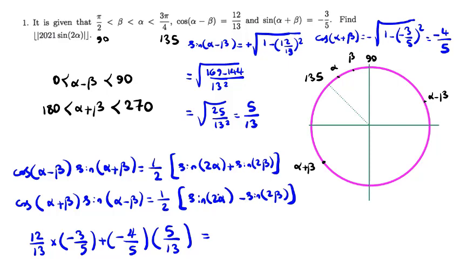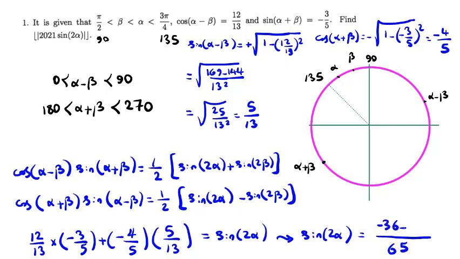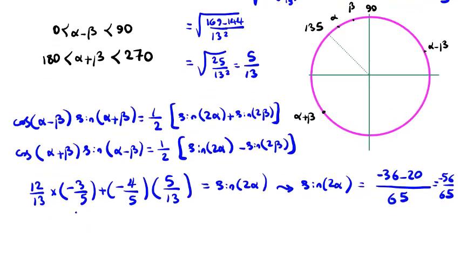Then sine 2 beta and negative sine 2 beta will be cancelled, and here we have sine 2 alpha. So sine 2 alpha equals exactly what? If we simplify, it will be 65 in the denominator, and in the numerator negative 36, negative 20, which will be negative 56 over 65. Now we should multiply by 2021 and then take the absolute value and floor.